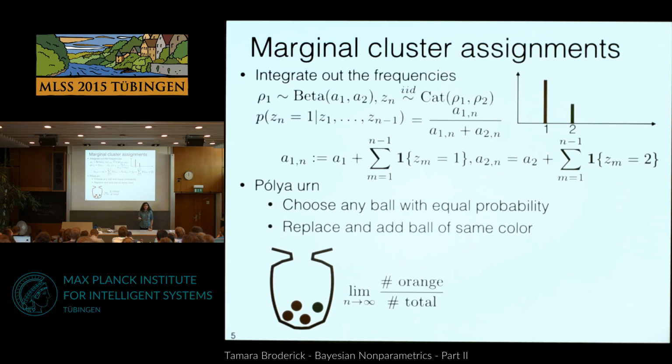The fraction of z's that are equal to 2 at the end of the day is going to be rho 2, because we're drawing them from this discrete distribution that has 1 with probability rho 1 and 2 with probability rho 2. And so that's the idea of the Polya urn. We just make these draws, and so the fraction at the end of the day should again just be rho 1, which has a beta distribution.